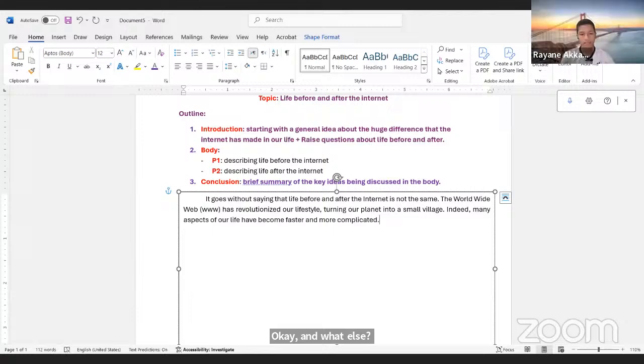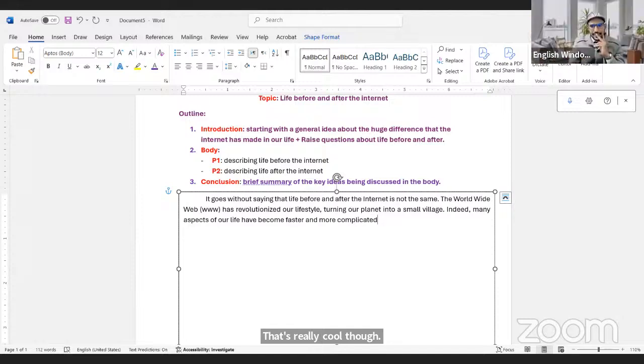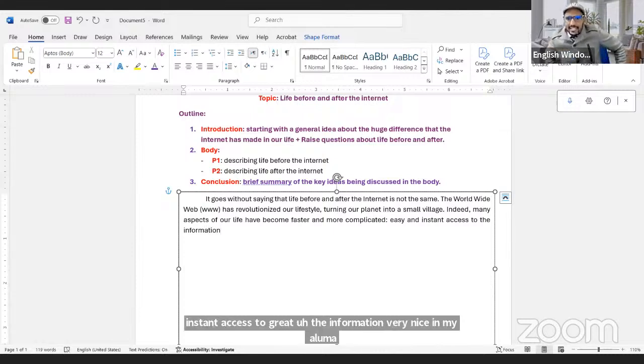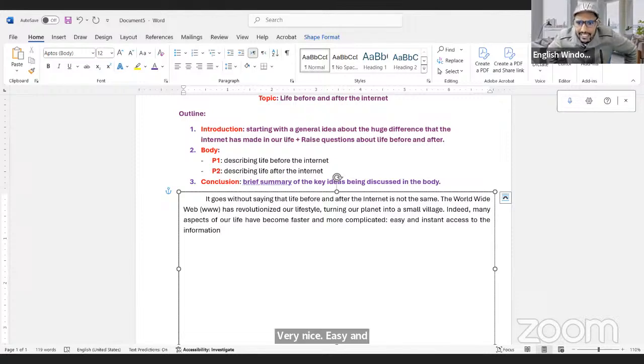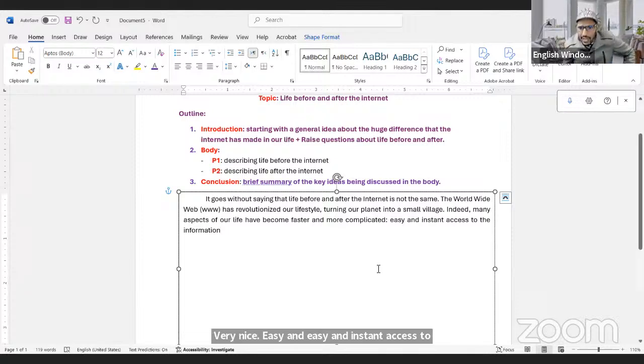Simplifying the way we work, or... Great. Let's make it this way: so easy and fast access. And instant, let's say instant access to the information, very nice. Easy and instant access to the information, a fast way. Yes, easy and instant access to the information.